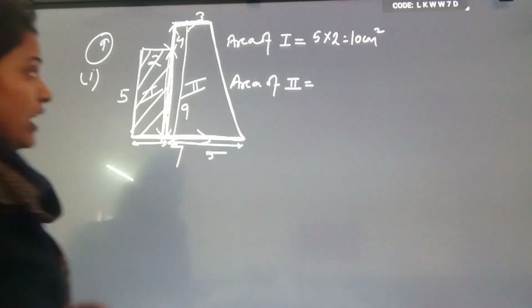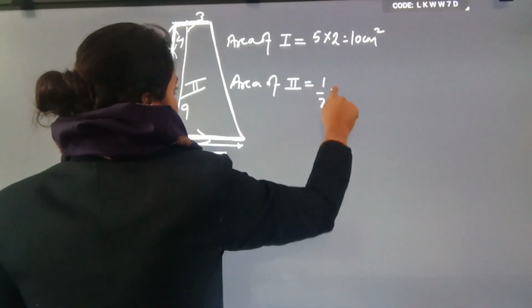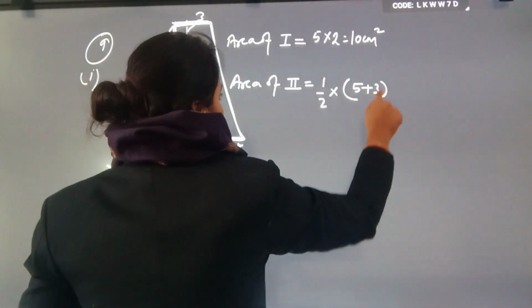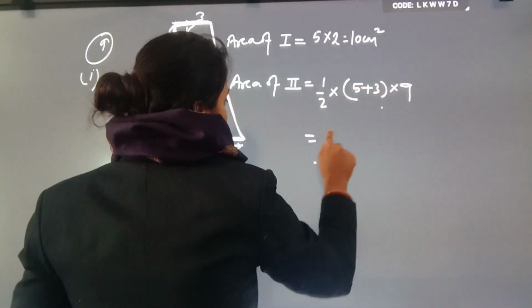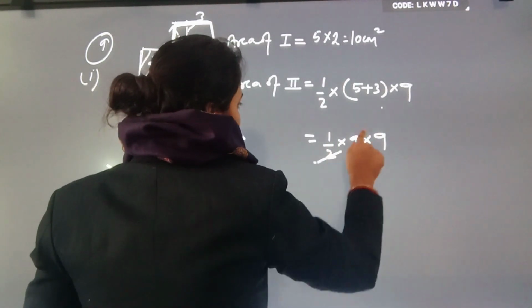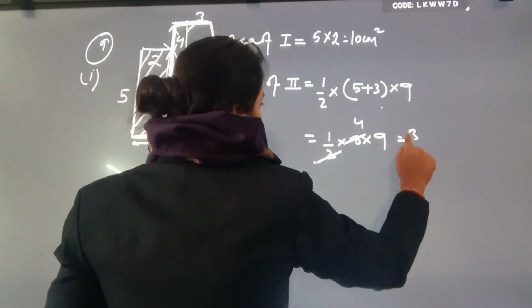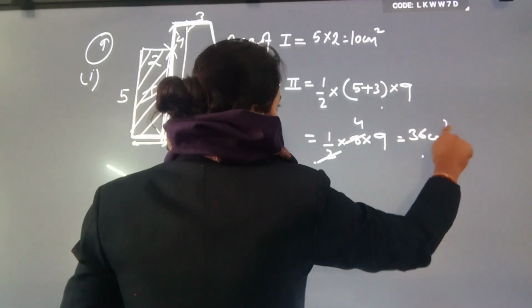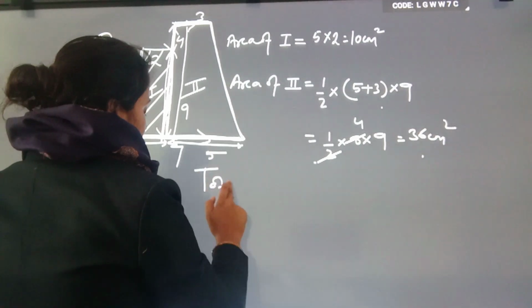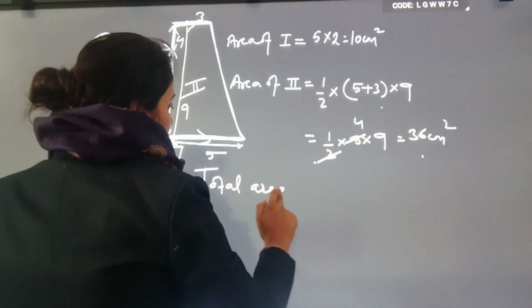Okay, let us find the area. It will be half into sum of parallel sides, that means 5 plus 3, into distance 9. So that will be half into 8 into 9. That means it will be 36 centimeters square. So we have to find the total area. The total area will be the sum of both figures.